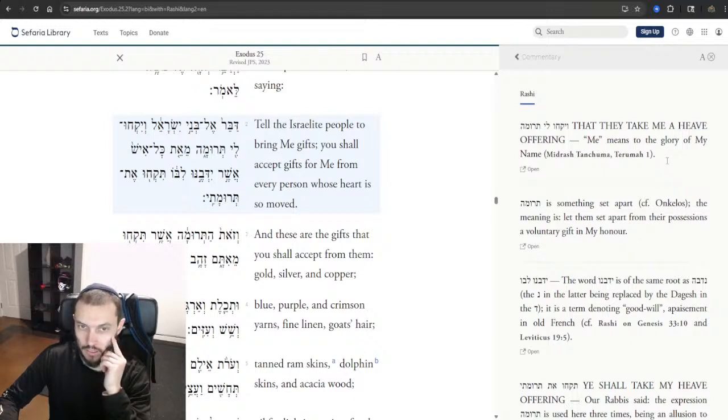Me means to the glory of my name. Okay. Something set apart. The meaning is, let them set apart from their possessions a voluntary gift in my honor.